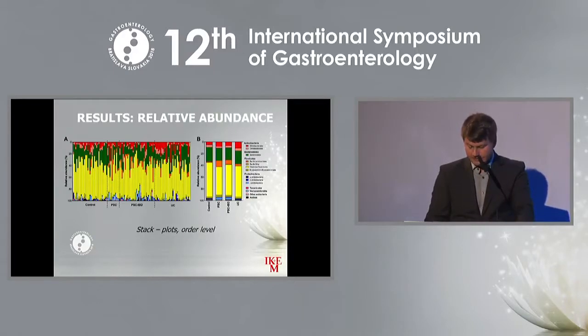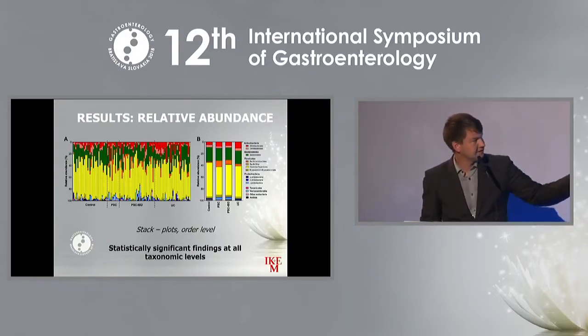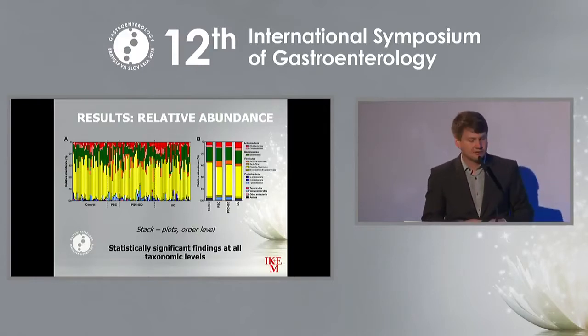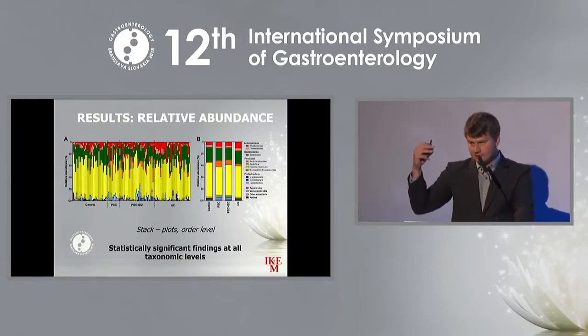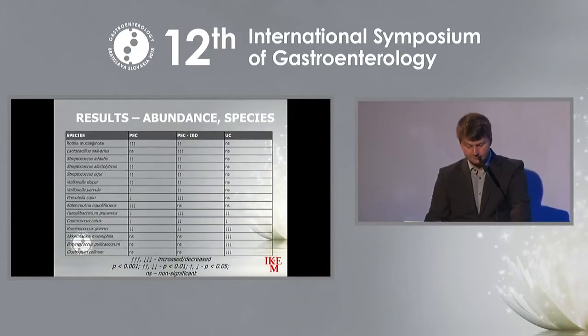This is just for illustration, with all the patients in these plots, and you can go very deeply throughout the taxonomy, and we saw significant differences at each taxonomic level. But we thought that the most interesting would be to go really down, so we focused on genera and species. And this would go further down to the species level.